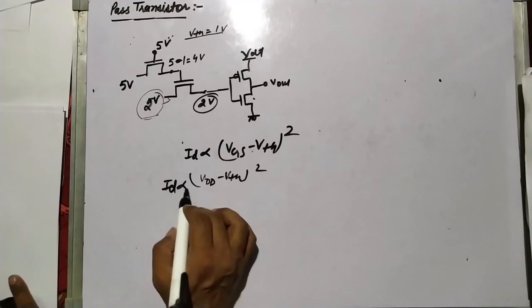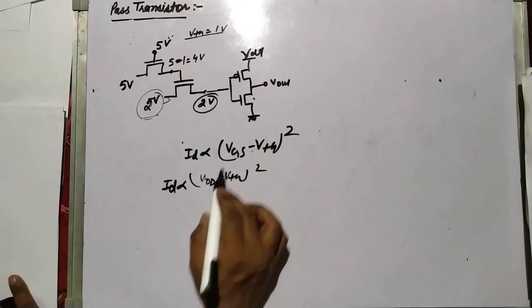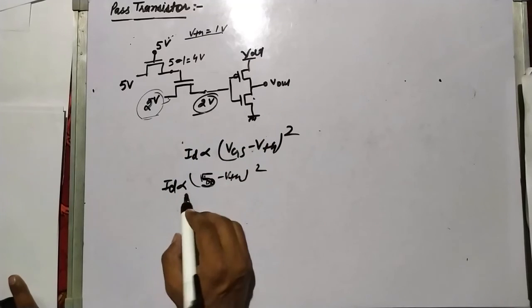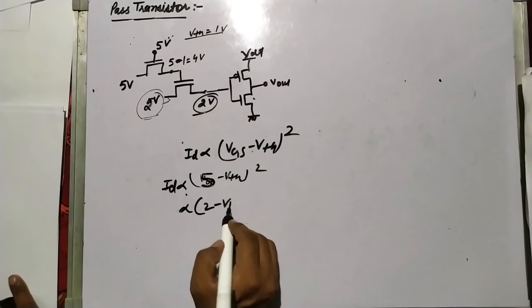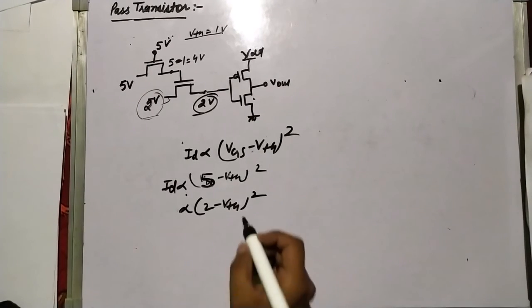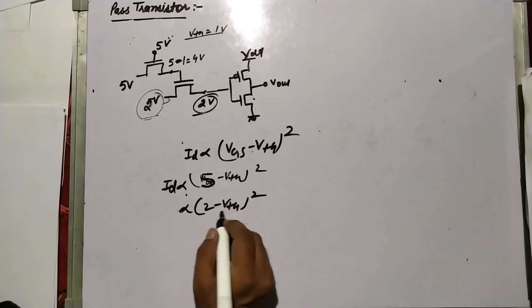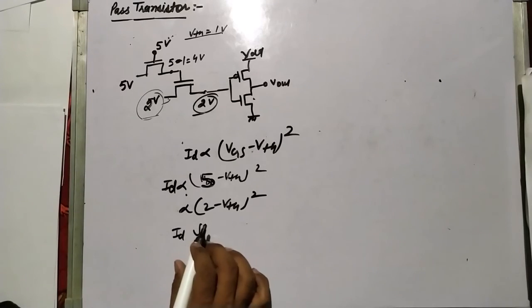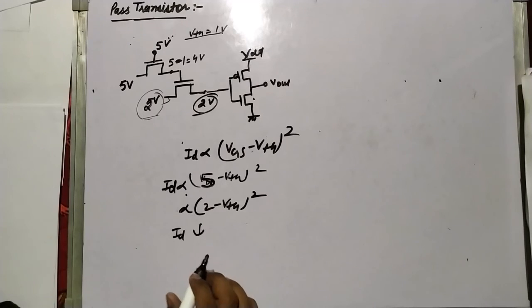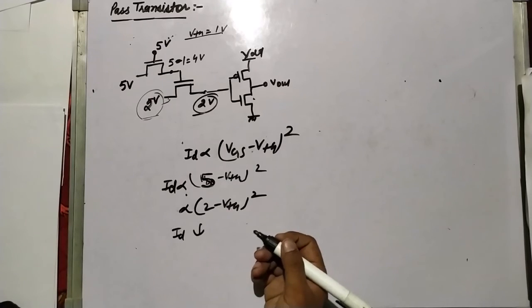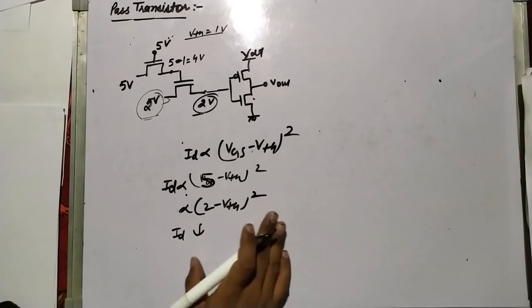If I keep this VG at 2 volt, where VDD was 5, then it will become (2 minus VTH) squared. You can see that the current is reducing, so the switching characteristic will be affected. This is the problem.